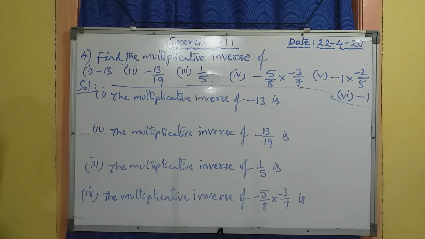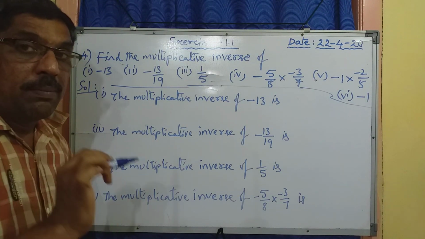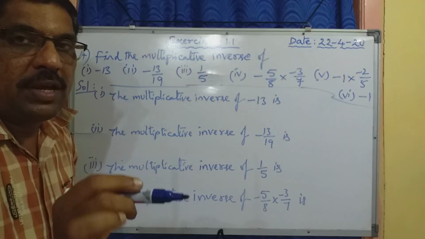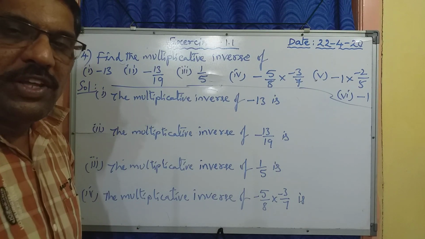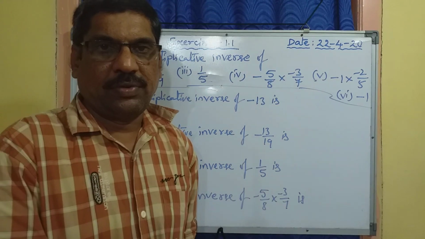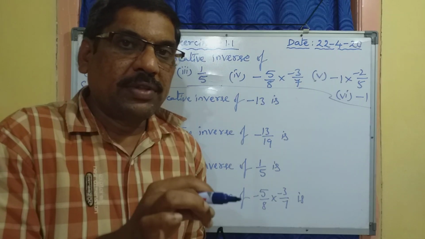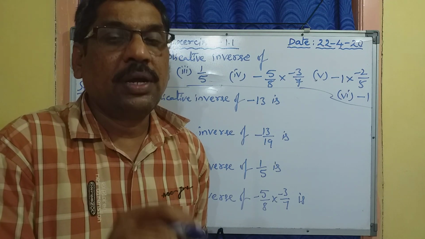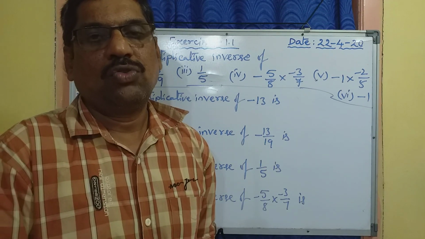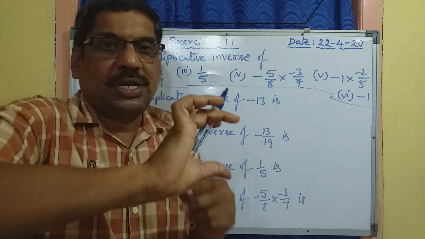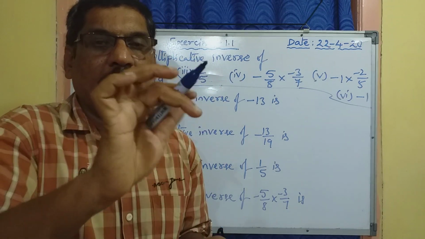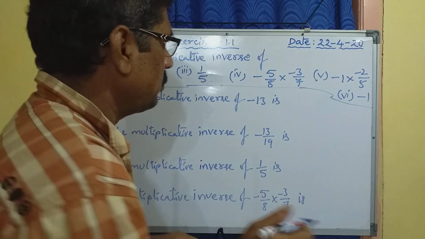Now in this fourth Roman we need to find the multiplicative inverse of the given rational numbers. What is meant by multiplicative inverse? We have discussed in the previous class already. The multiplicative inverse of a rational number is nothing but its reciprocal. So we need to interchange the numerator and denominator of the given rational number. See, look at this.